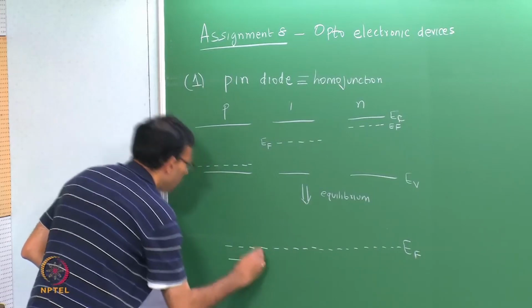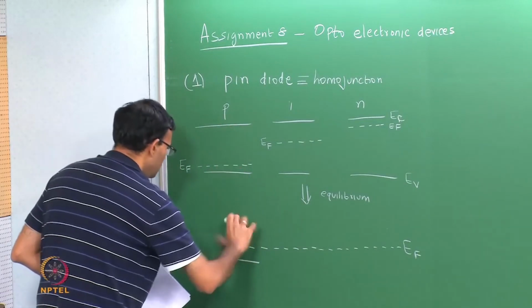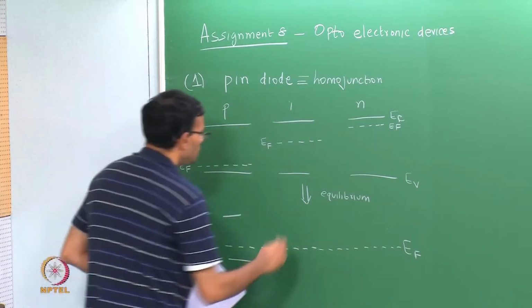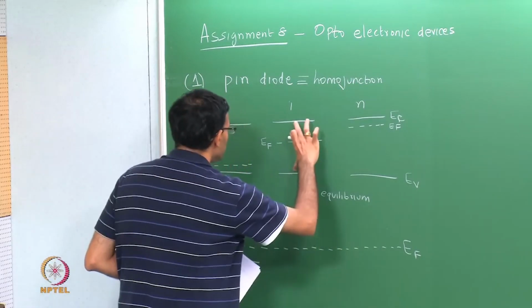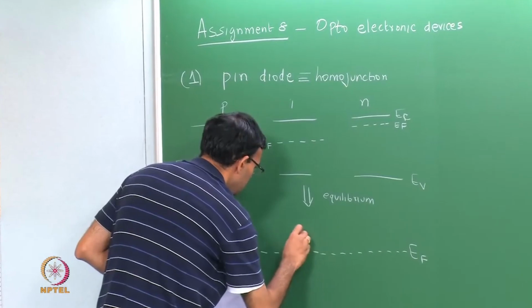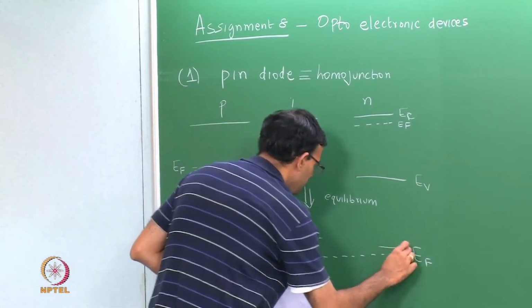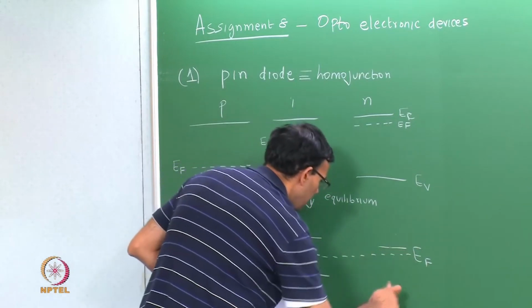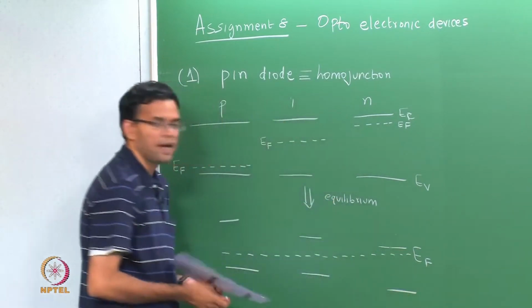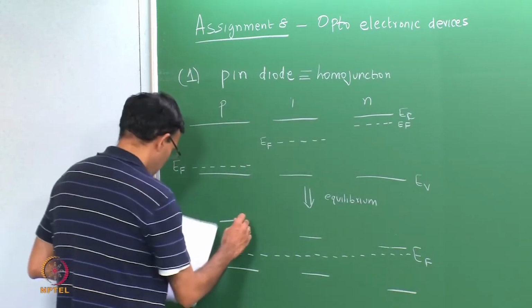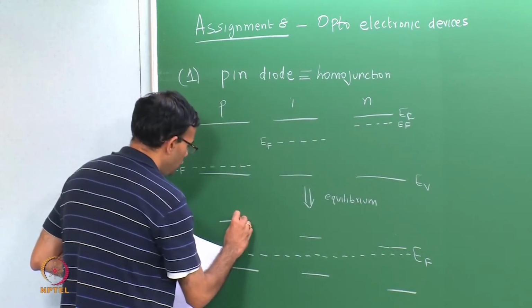So, this is P type, this is intrinsic, and this is N type, and making sure that the band gaps are approximately the same, and then we can join all three.